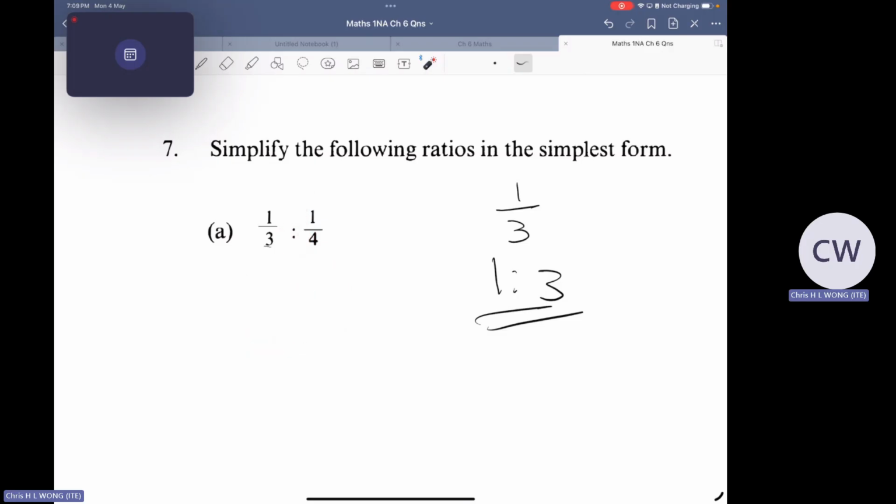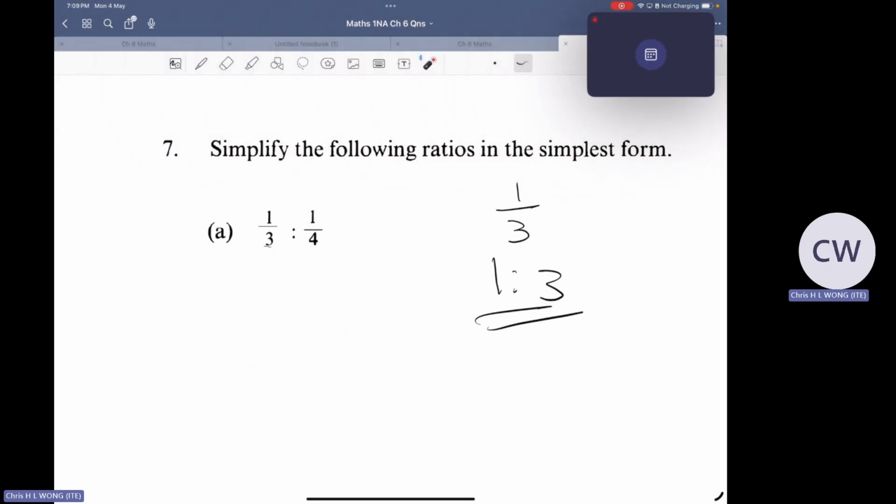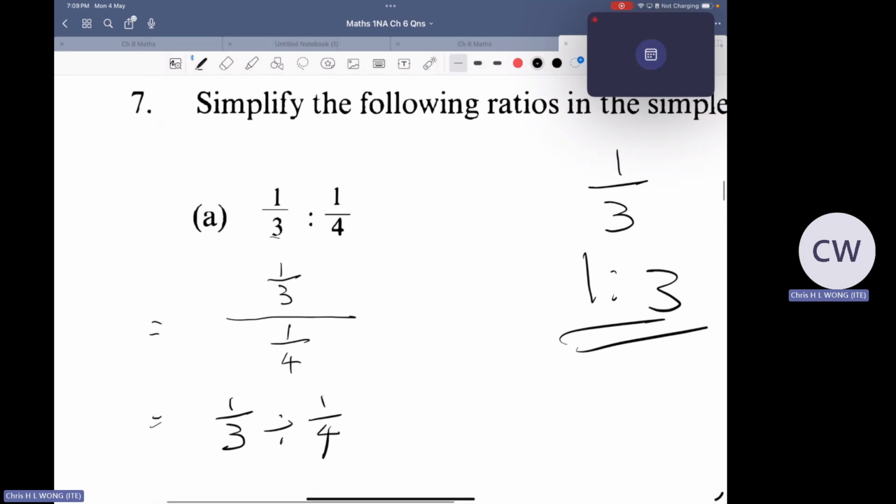So if I show you this one, bring it back here. This one is blocking me, right? I just do the first one, the long way of doing it. 1/3 divide by 1/4. It's the same. Equals 1/3 divide by 1/4. I don't know whether you can see it. Can see? So what do you do now?